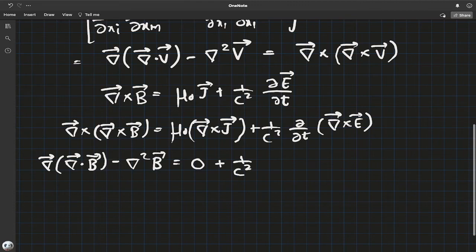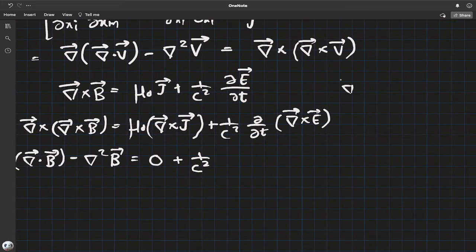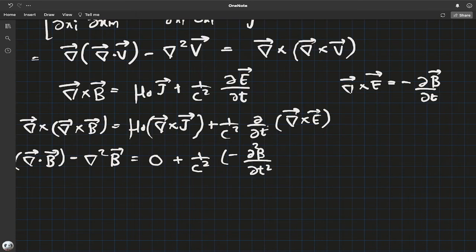1 over c squared. We can use another Maxwell's equation, so which says the curl of E using Faraday's law is the time derivative of the magnetic field with a negative sign. So we have two time derivatives because one was already out there.